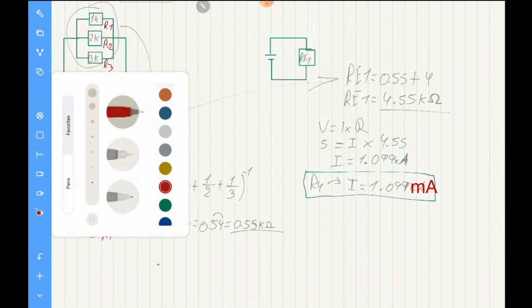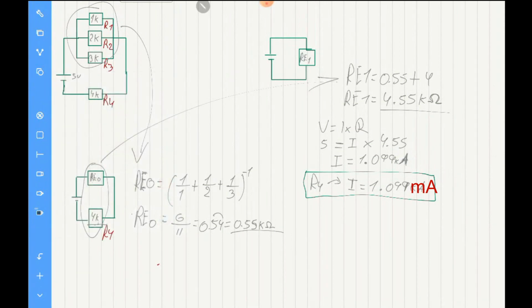We need to operate again with Ohm's law, but in this case the voltage is what we don't know. We know that we have the current, which is equal to 1.099, times our resistance, which is equal to 0.55.